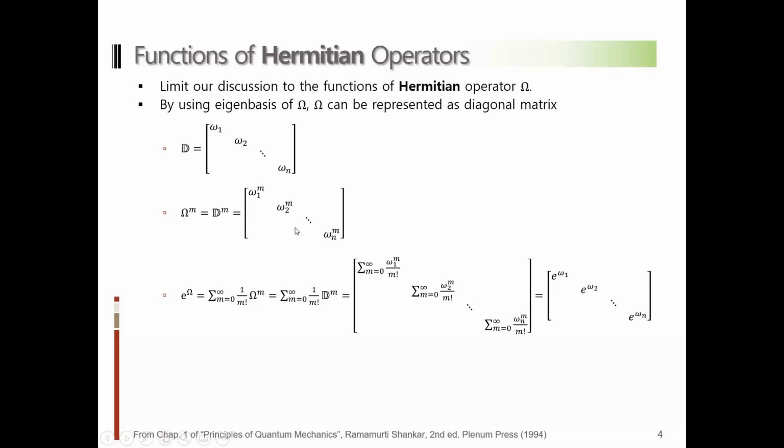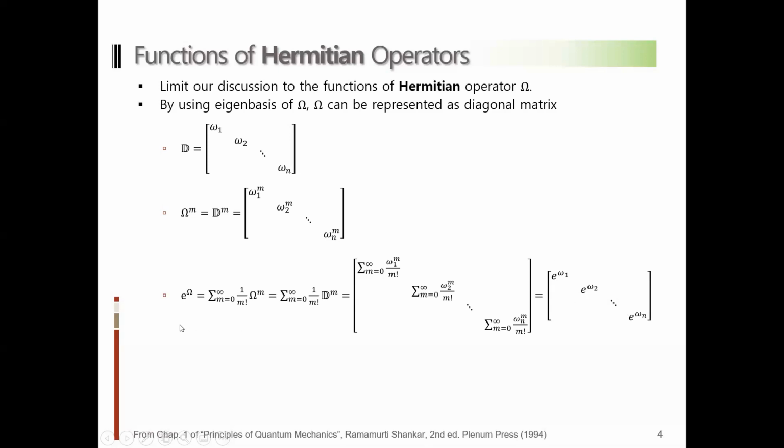So all we have to do is add each of these terms, multiply by this factor, and then if we collect all the summation in the form of the matrix, each of the diagonal terms will look like this one. And this is a very familiar shape of the exponential function. So eventually everything will just become like this one.